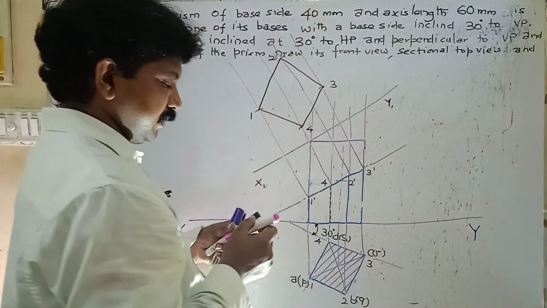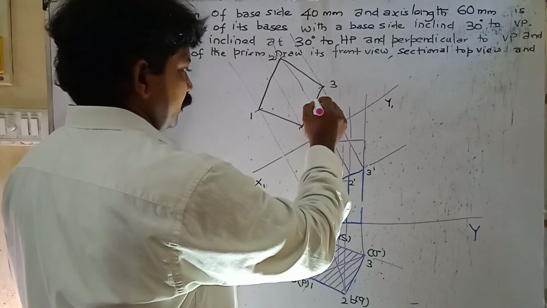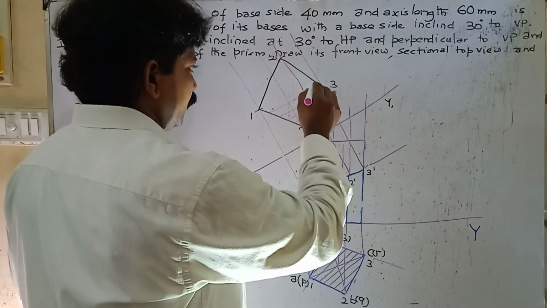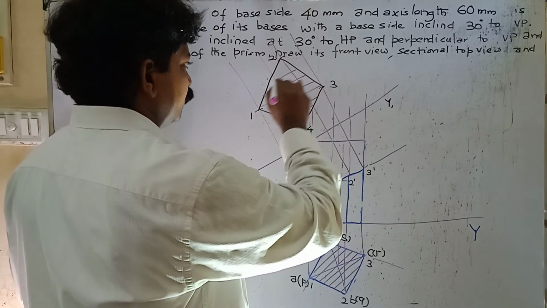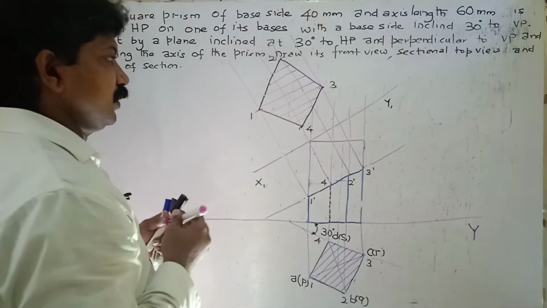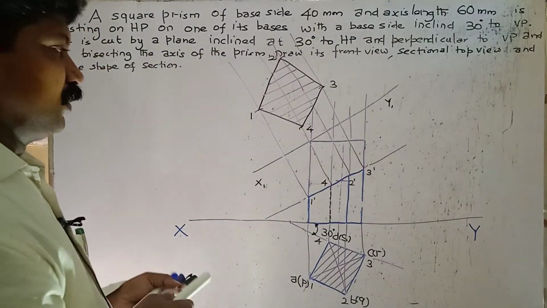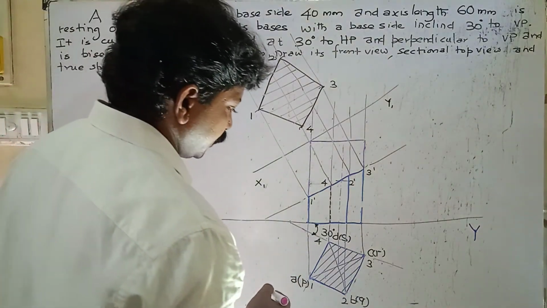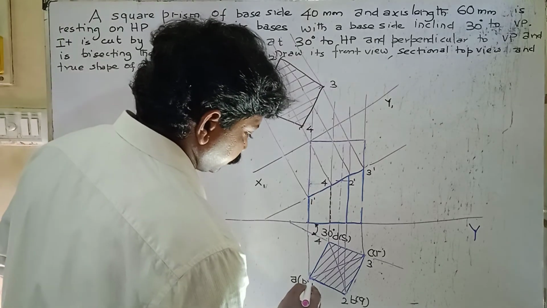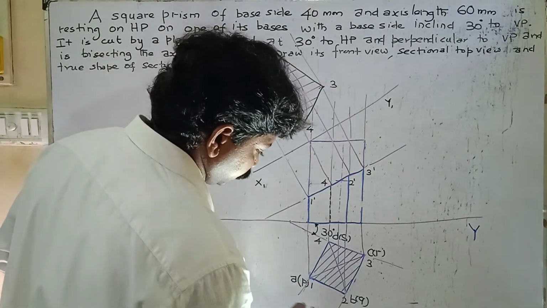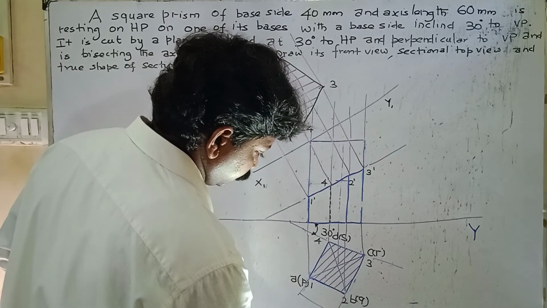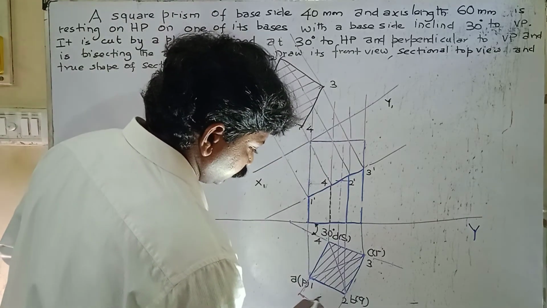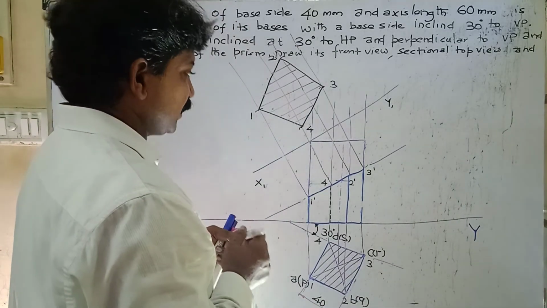Now how to draw the section line? Using 2H pencil, draw the hatching line at 45 degrees to the XY axis line with a 2 to 3 mm gap. Now mark the dimensions: base side 40 mm, axis height 60 mm.